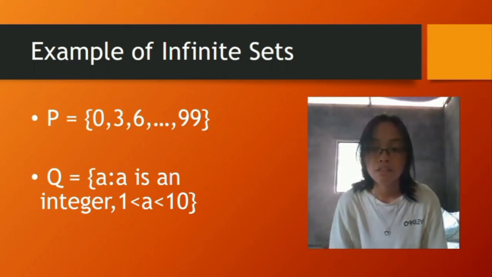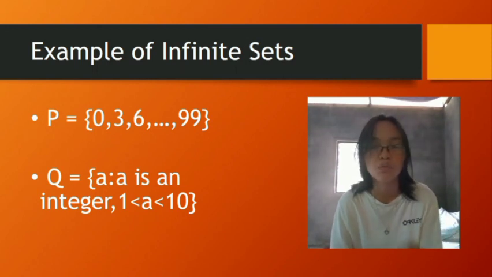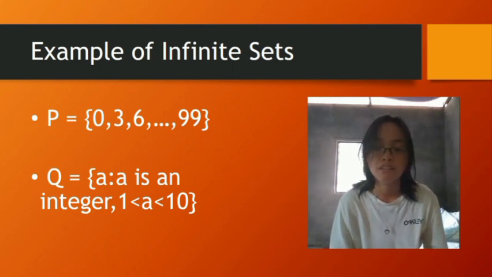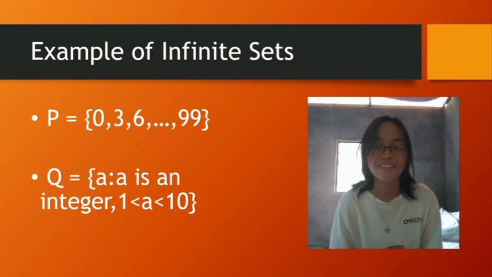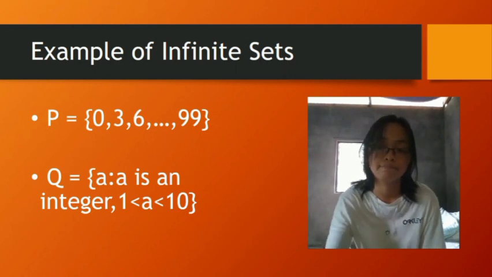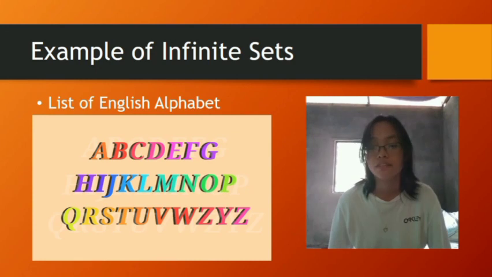So the elements of the set Q range from 2, 3, 4, 5, 6, 7, 8, 9, because A is greater than 1 and A is less than 10. And it is an infinite set since 2 to 9 is countable.